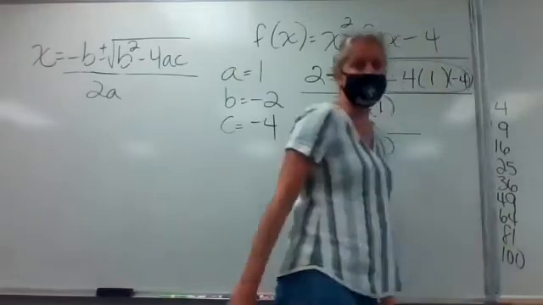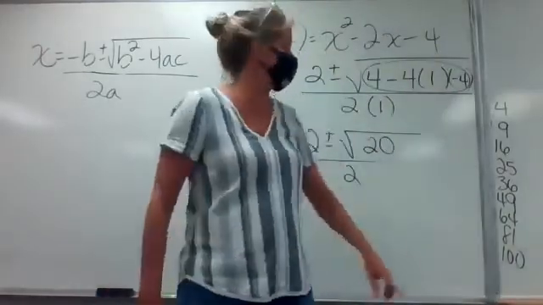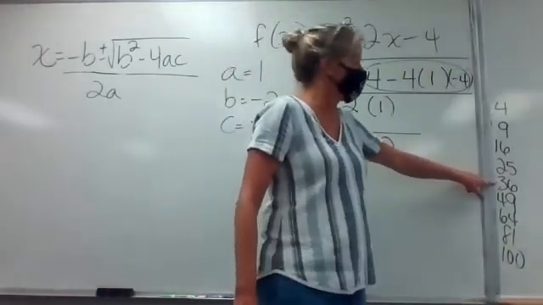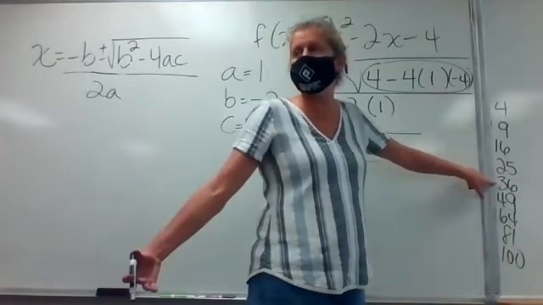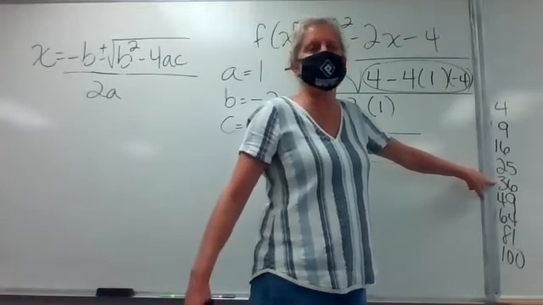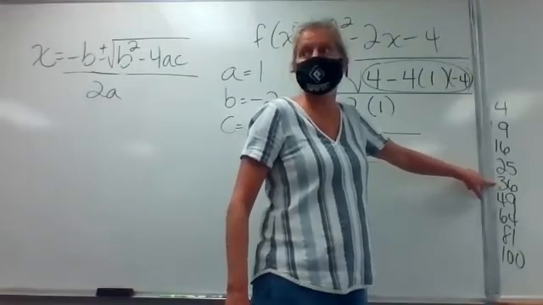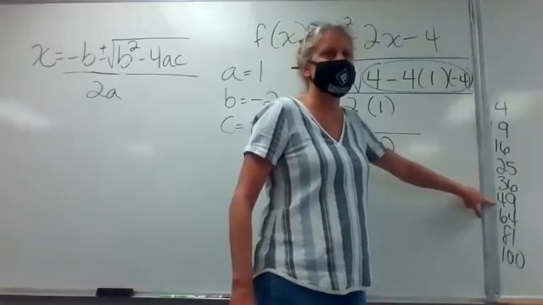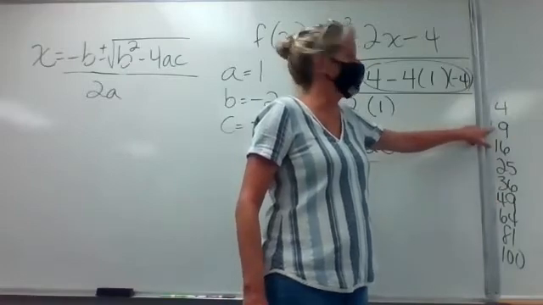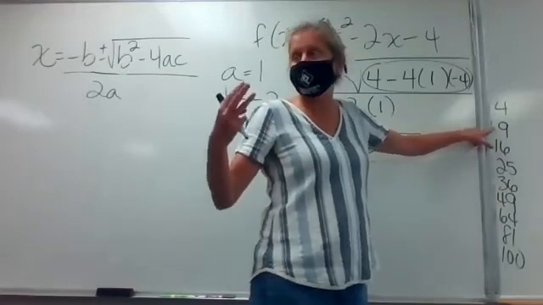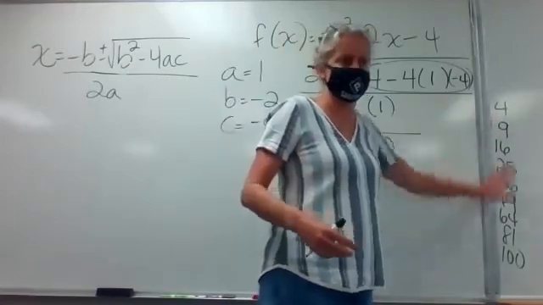The list can go on and on. Those are all perfect squares because, for instance, 36, if you took the square root of it, what would you get? What times itself is 36? 6. The square root of 49 is 7. Square root of 9 is 3. These are all perfect squares.